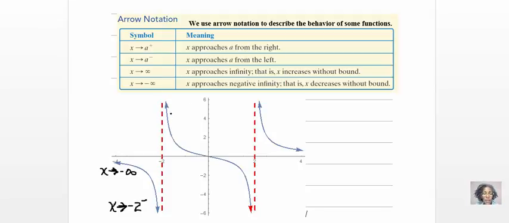Here I have x approaching negative 2 from the right. So that's actually what's happening to my x's here. x is approaching negative 2 from the right. Here, x is approaching 2 from the left.